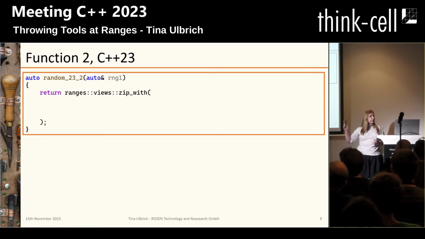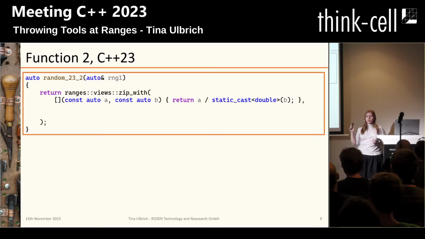So that's why I'm using zip-with here, which is called zip-transform in the standard library. And zip-with combines all the ranges that you input, and you step through them at the same time, in unison.